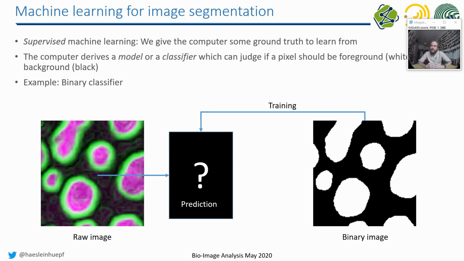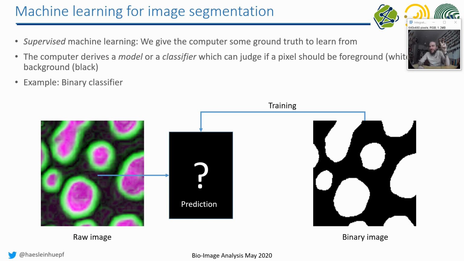And when we give to the algorithm some kind of ground truth, a binary image as a starting point, so this is what I perceive as right. So now please find a configuration of your algorithm, find an algorithm which solves this segmentation problem in a similar way as I did. That's learning, and it's obviously supervised machine learning because we gave something, a ground truth, to the algorithm, and that's why the algorithm can come up with a potential solution.